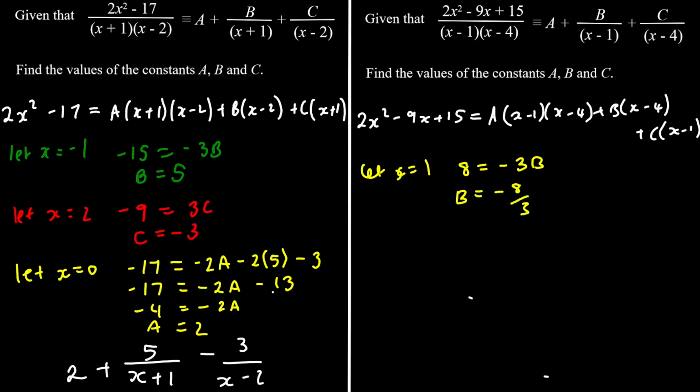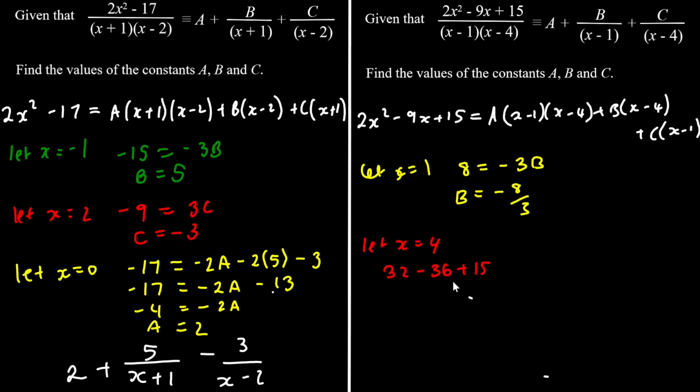Okay. Let x equal 4. So we're going to have 2 times 4 squared, which is 32, minus 9 fours, 36, plus 15.